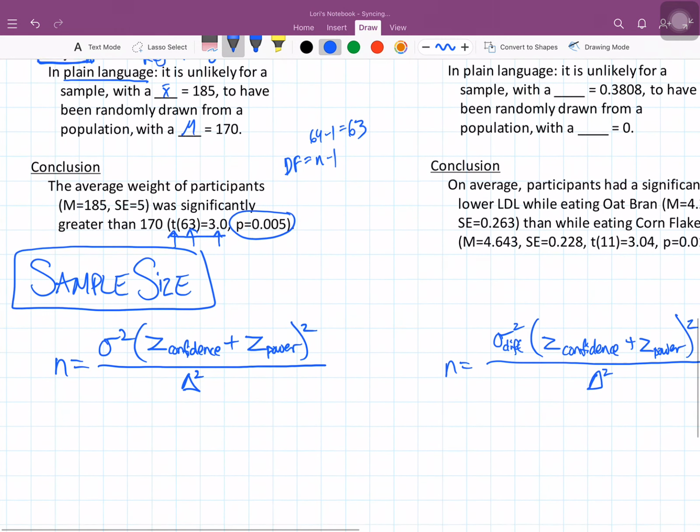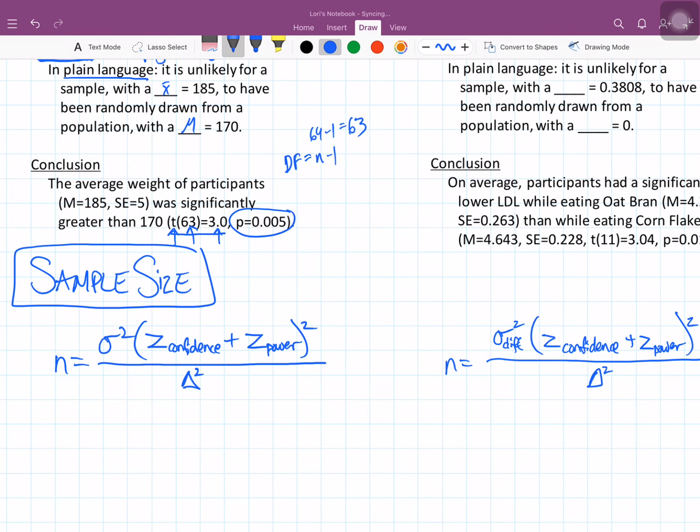As a quick review for our sample size, a lot of times this is one of the main questions that statisticians are asked: what's my sample size?